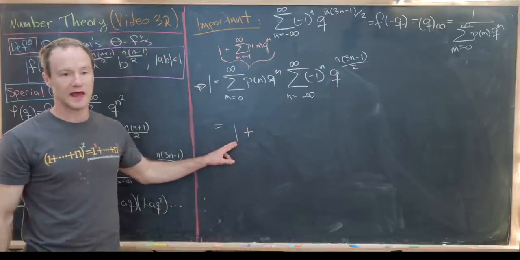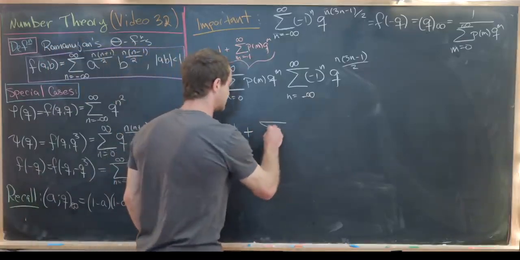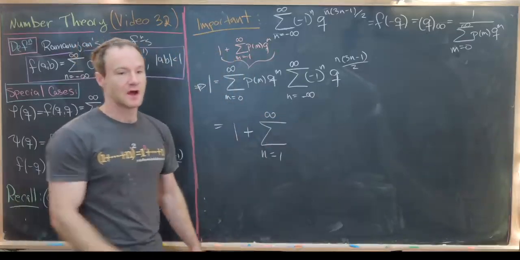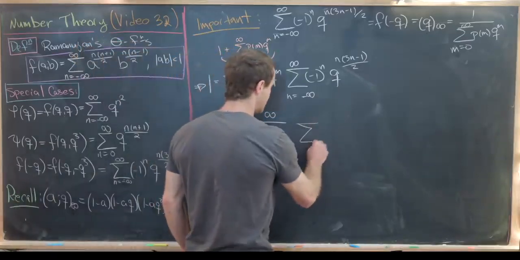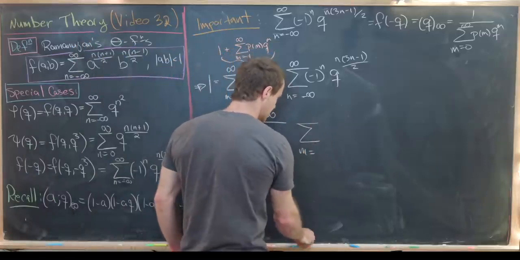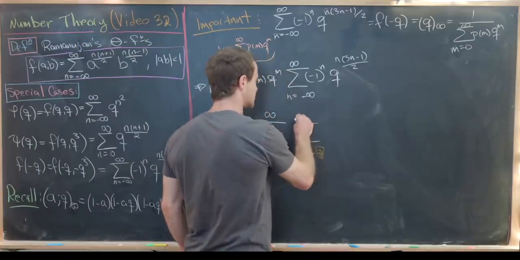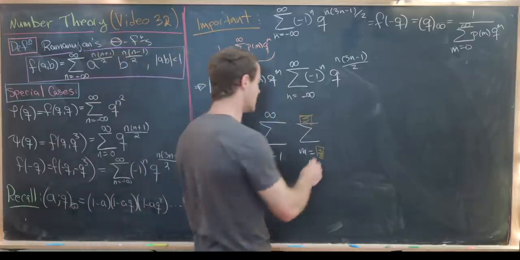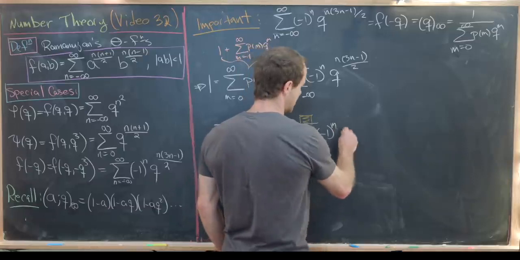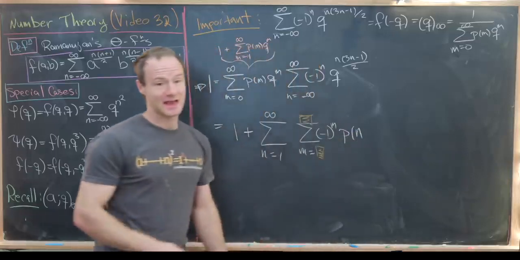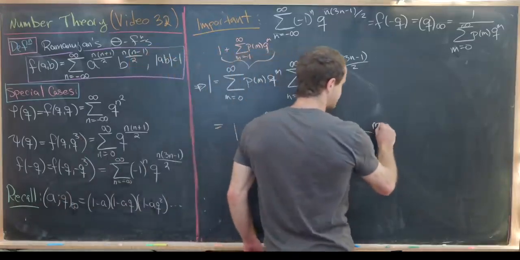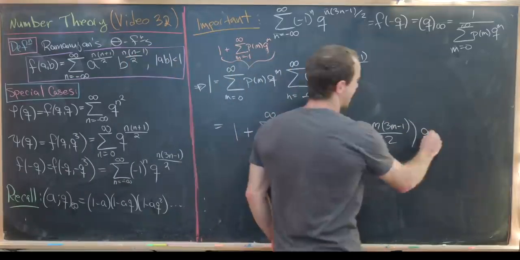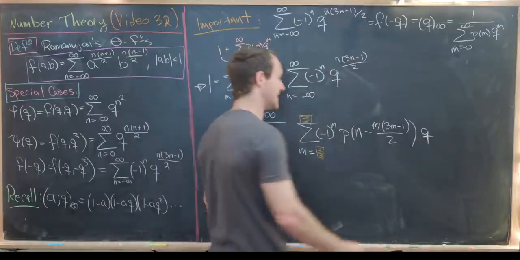Okay, so now let's notice that this right-hand side multiplies out as follows. I'll pull the 1 out, and then we'll have this sum as n goes from 1 up to infinity of the sum as m goes from something, I'll put this orange box, to something else. We'll talk about those orange boxes in a little bit, of minus 1 to the m, p of n minus m times 3m minus 1 over 2, and then we have q to the n.